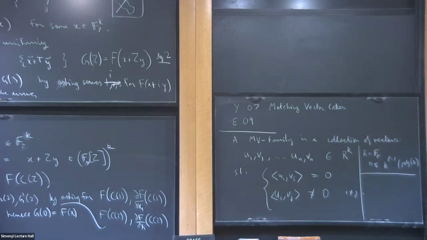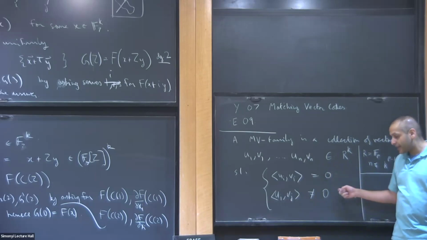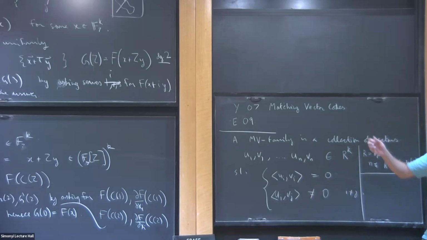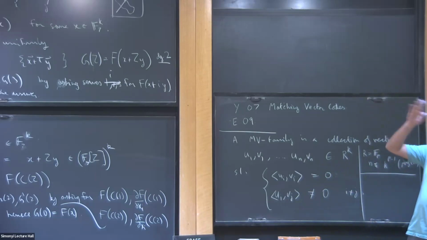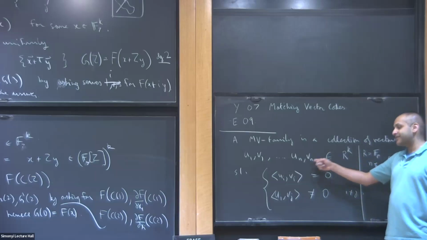The proof is some linear algebra. The matrix you make out of the U's and the V's, if you take the inner products, you get a 0 diagonal and non-zero off diagonal. Raise everything to the power p minus 1, and it's 0 on the diagonal and 1 off diagonal, and you flip it around and it's the identity. So it's full rank, and that says something about the dimension which the Ui's live in.